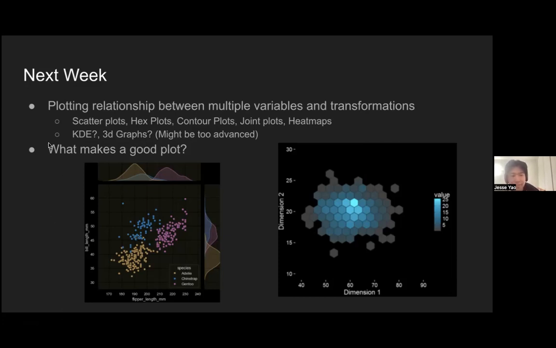All right. And then next week, if I have time, I'll also talk about what makes a good plot. There are many issues a plot can run into that you as a data scientist have to solve, right? For example, overplotting is one of the greatest problems that can happen in scatter plots, where you have too many data points so you can't tell what's going on.